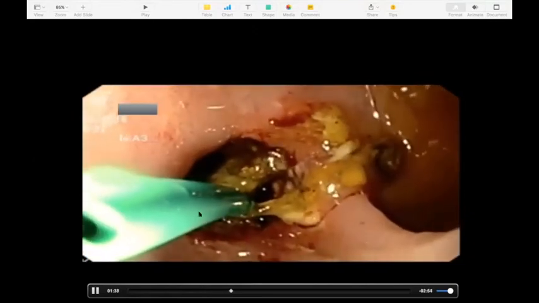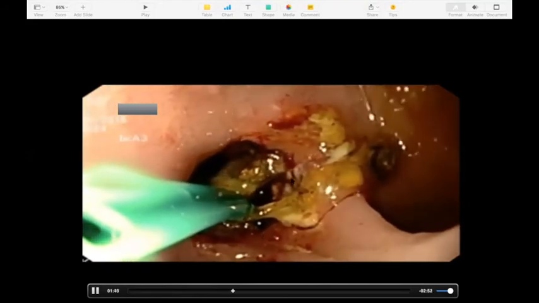It was grasped and the wire was pulled inside the endoscope, and after that the tract was dilated. This is the anastomotic site, the stricture at the anastomosis, and you can see that a lot of stones are inside the whole intrahepatic portion of the bile duct.